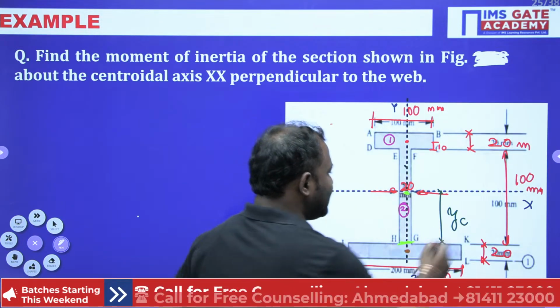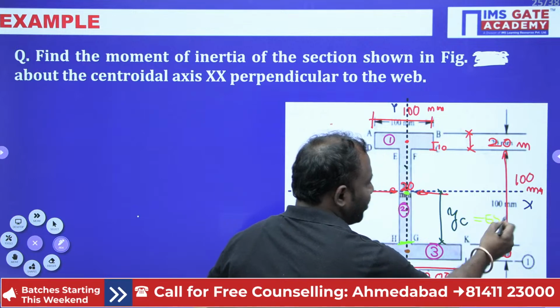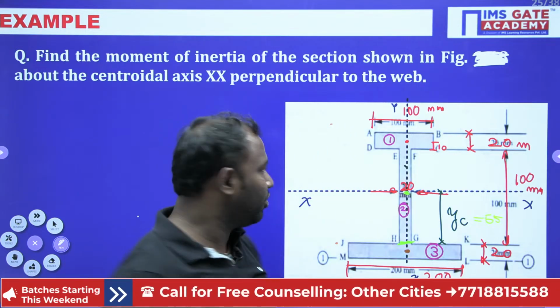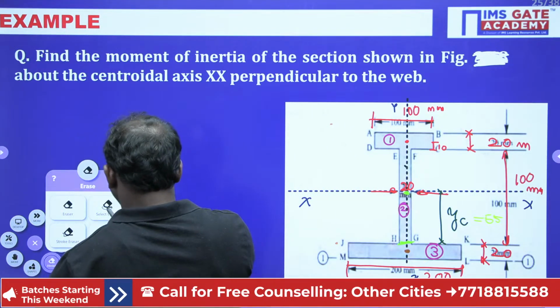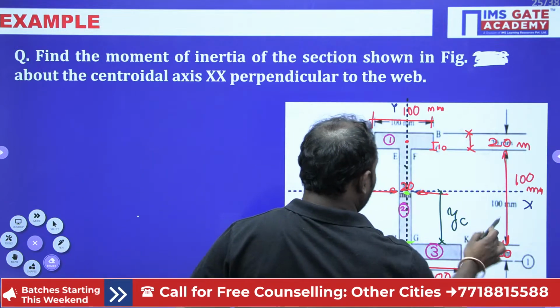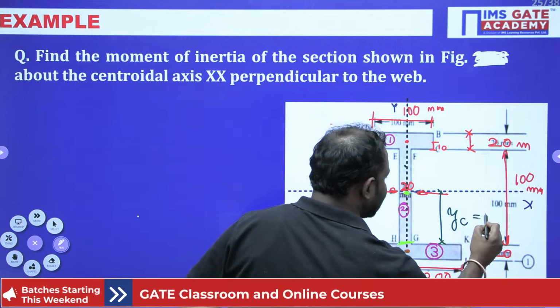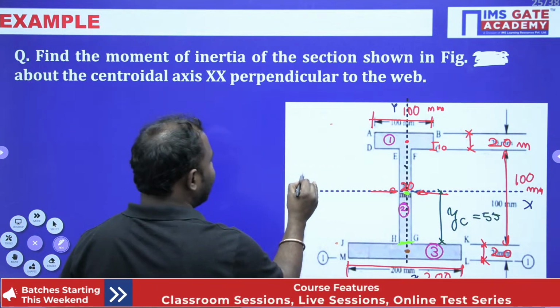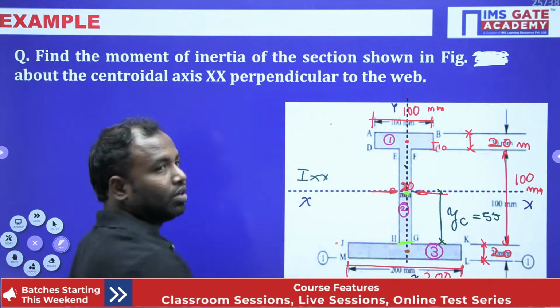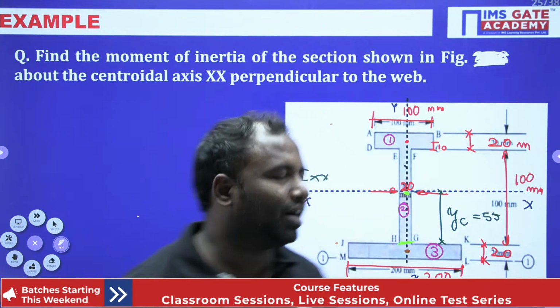So YC is equal to 55, we got, right? From there I found my moment of inertia of this section about Ixx. I hope everybody understands, right, guys?